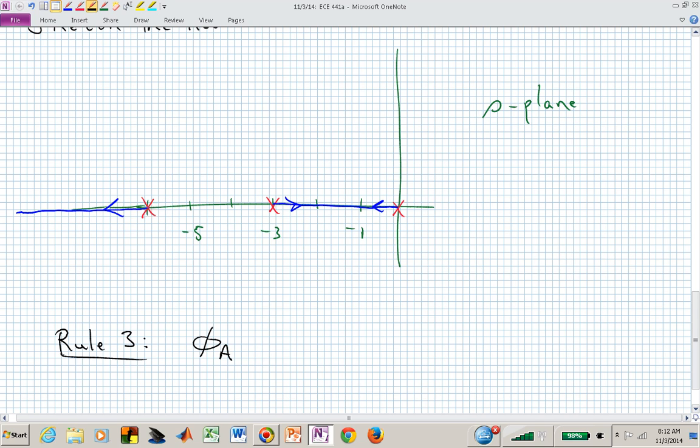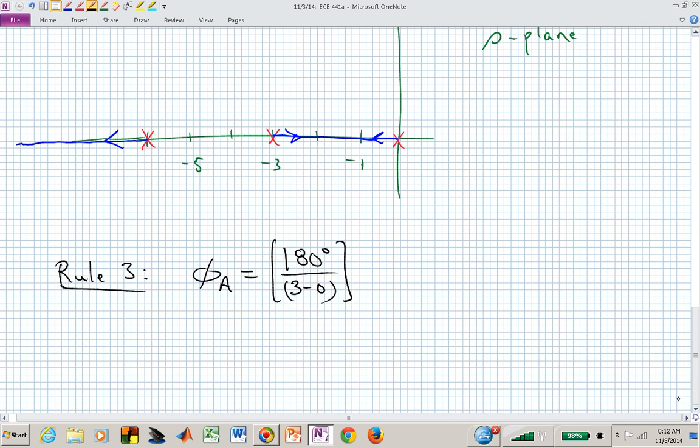P minus Z is 3, and we now can say that we have a fundamental angle of 180 divided by that pole-zero excess, and then we can multiply that by this counting variable, 2L plus 1, where L takes on values 0, 1, up to P minus Z minus 1, which in our case is 2.